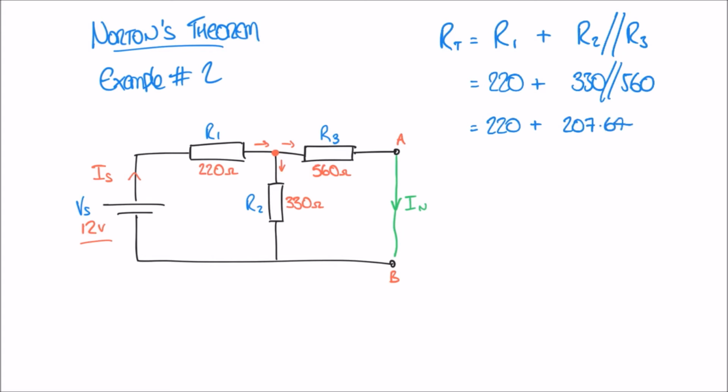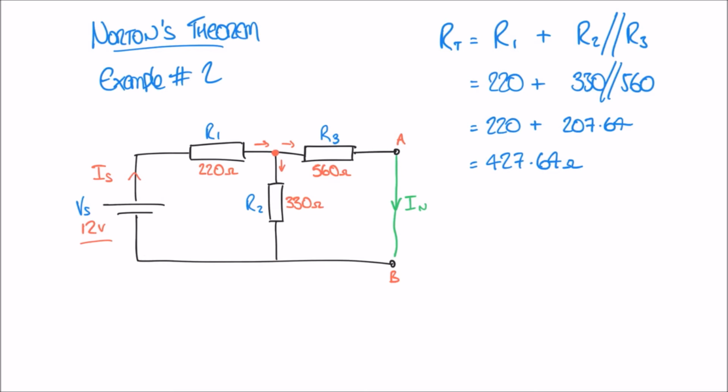And that gives me a total resistance now of 427.64 ohms. So now that I know that, starting at the supply here is going to give me a total resistance of 427.6 ohms going from the supply and round through the circuit.